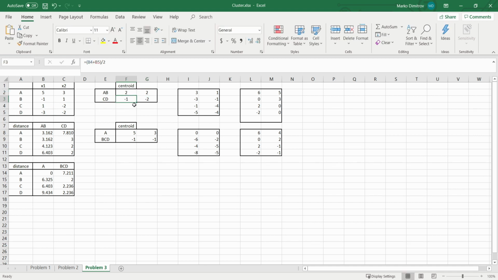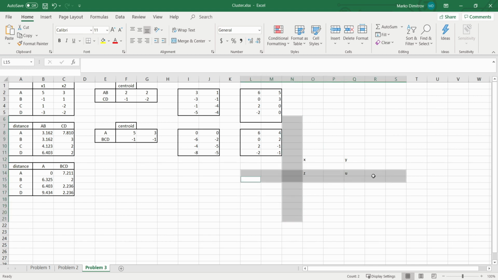So this is the point that's in the center of the cluster. If you have points X, Y, Z, and U, imagine that this is a plane. What would be the centroid here?